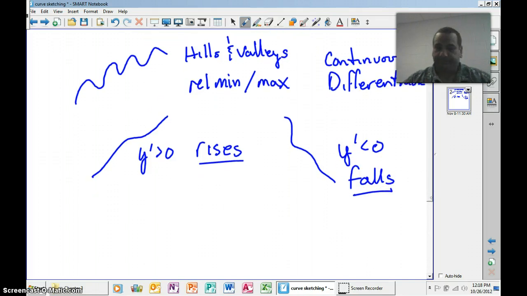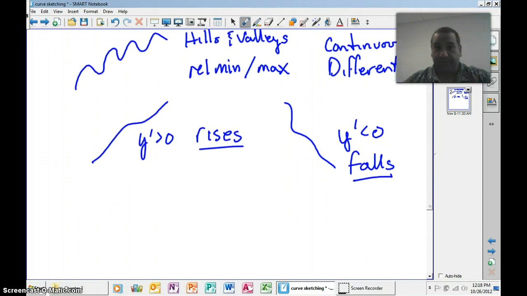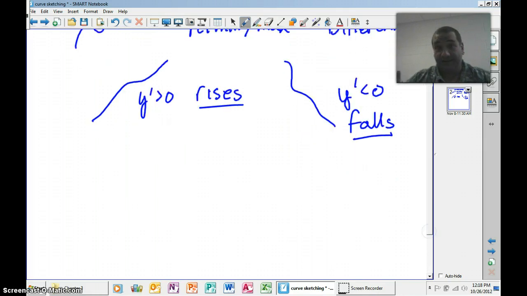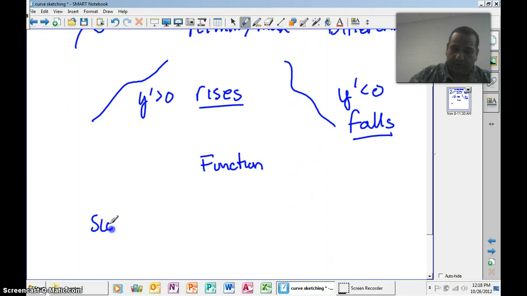Also, if you're looking at curves, if we're looking at the function, and watch this is going to help you out. Here's the function. All right, and we're going to talk about the slope here. So I'm going to make a little table here.